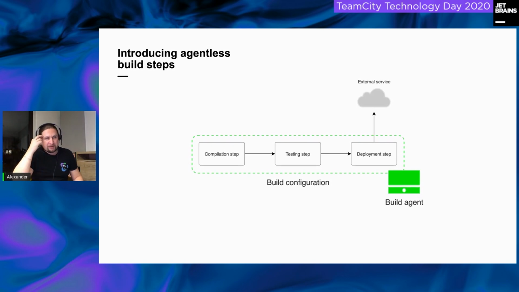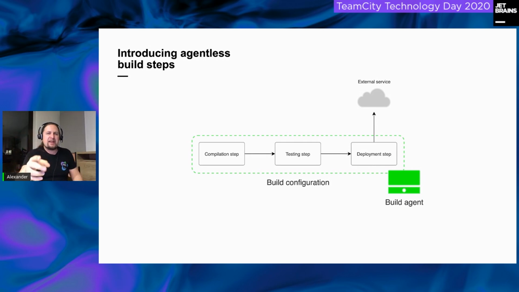So imagine that there is an external deployment service that requires a lot of time to complete its job, probably even has a manual approval step, something like this. So after you call it from a TeamCity build agent, and as you know, all the work is done by TeamCity build agents, in this situation you could spend hours or probably even days just waiting for this job to finish or for somebody to approve the release.